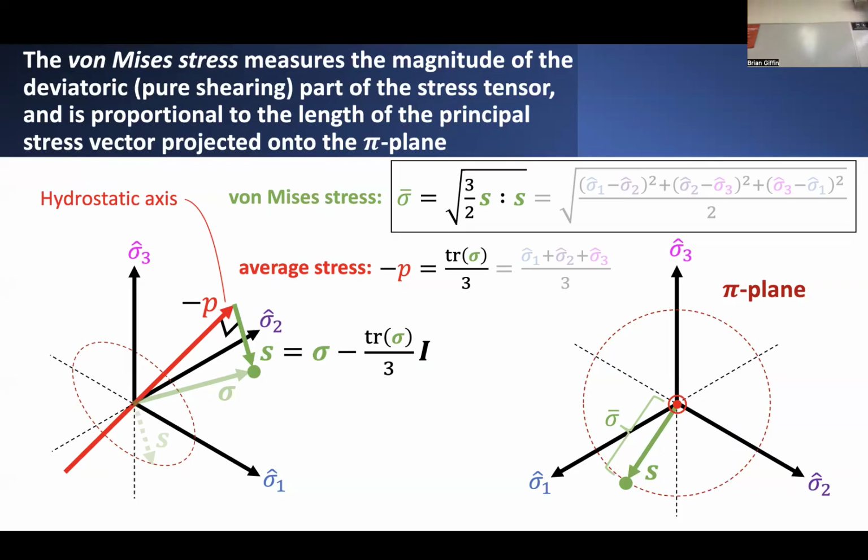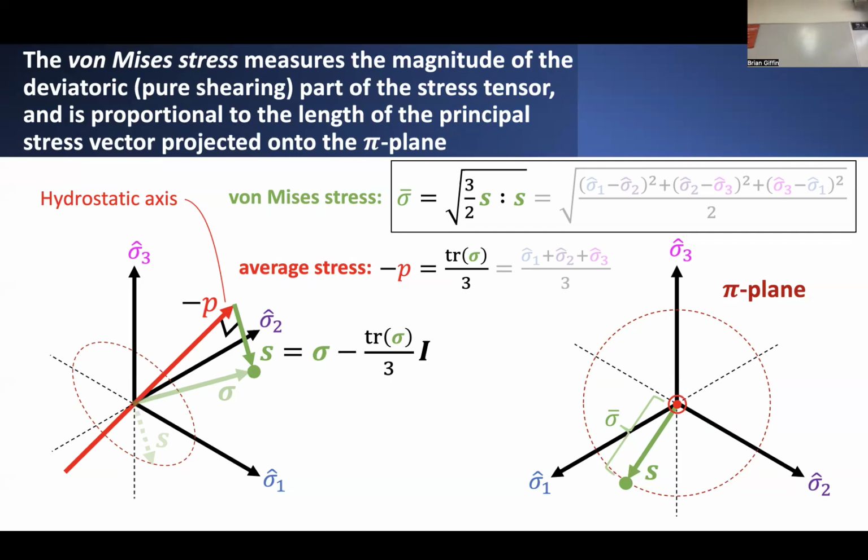But the idea is, if we look at this perspective, we can see that the deviatoric stress looks like a vector in this projected two-dimensional coordinate system. And within this coordinate system, we can also notice the apparent length of this deviatoric stress vector, and we can measure that by taking the norm of this vector defined in principal stress space.